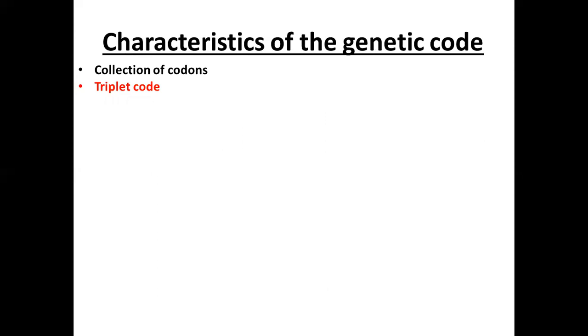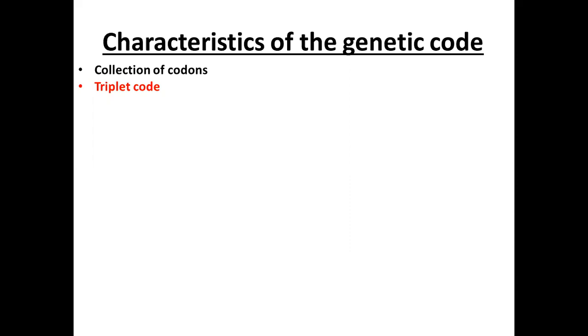Then it is a triplet code, meaning that it has codons in which the nucleotides of messenger RNA are arranged as a linear sequence of triplets or 3 nucleotides, which are called the codons. So we are saying that each codon is 3 bases long and is a code for 1 amino acid.